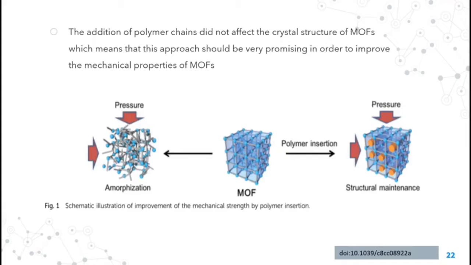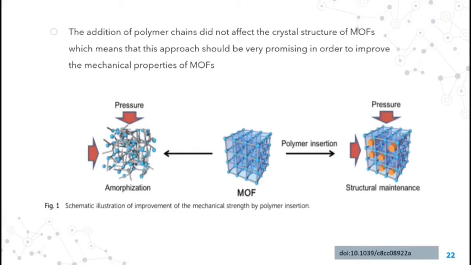So you can see below, which shows Figure 1, a schematic illustration of improvement of the mechanical strength by polymer insertion. At the left hand side, we can see that when we apply pressure without a polymer insertion, the structure of the MOF will not be maintained.